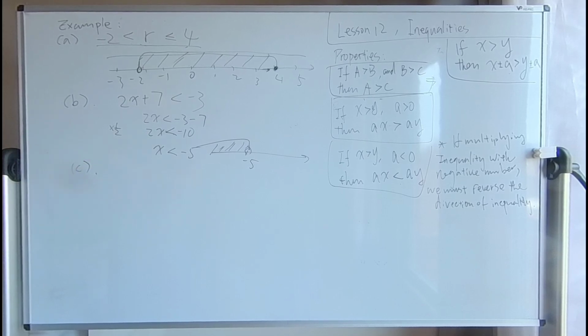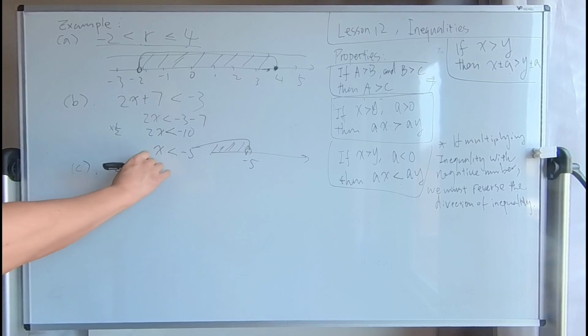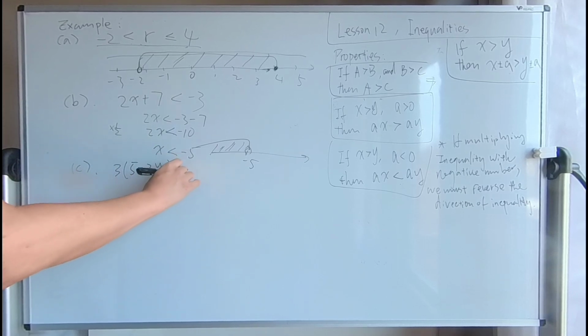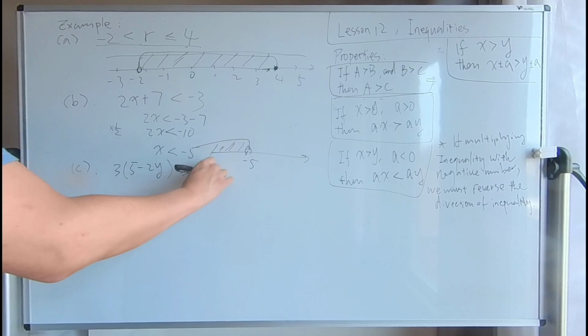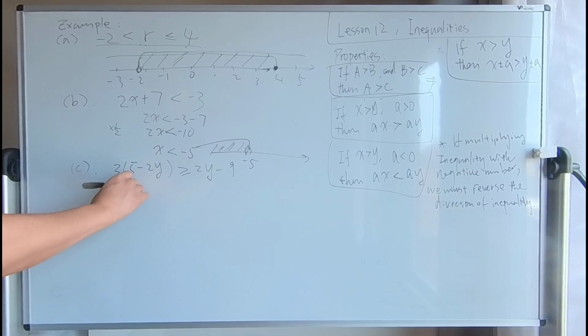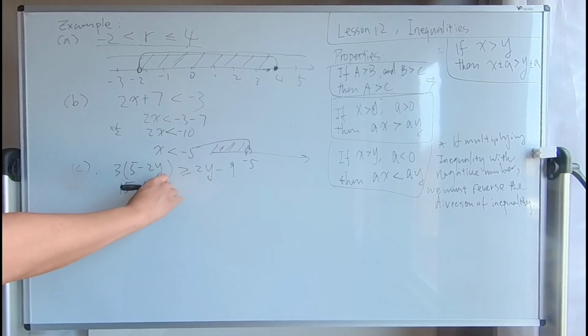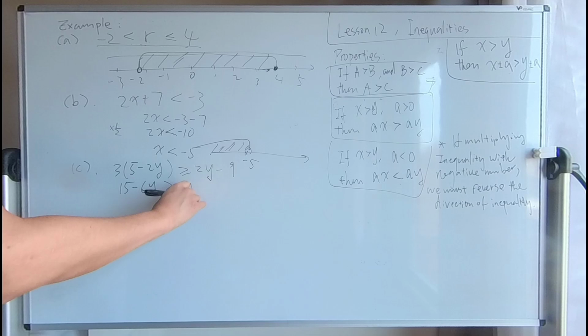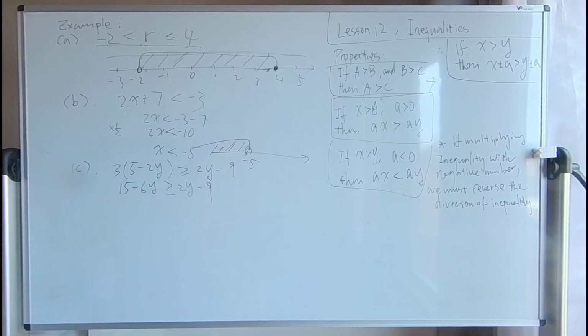Let's see one last example. This one, we have 3 times 5 minus 2y greater than or equal to 2y minus 9. Again, we need to simplify this before drawing on the number line, and we can use all those properties that we just learned. So 15 minus 6y greater than or equal to 2y minus 9.